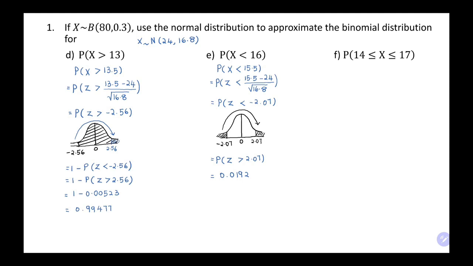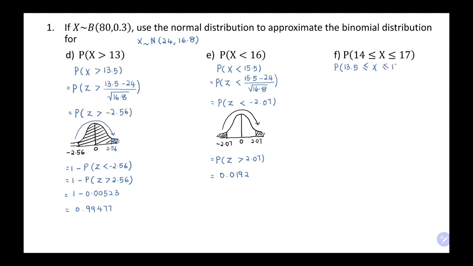And next question F. We have probability X between 14 and 17. So first we need to use CC, continuity correction. We read from X. X greater than or equal, we need to minus 0.5. So we get 13.5. And X less than or equal, we need to plus 0.5.